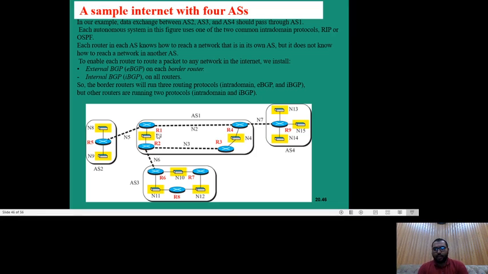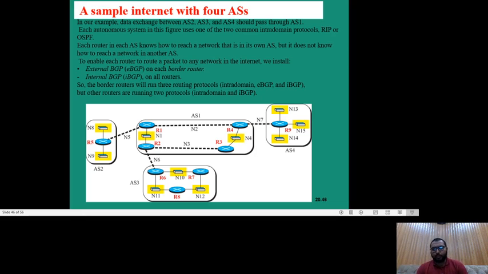Here you see router R1, which is responsible not only for communicating between different networks inside the autonomous system, but also for connecting with autonomous system 2. So you have to install BGP, the Border Gateway Protocol. But there are two extended types of BGP: one is called eBGP, or external border gateway protocol, and the other is internal border gateway protocol, iBGP. These routers can be used for internal communication as well.